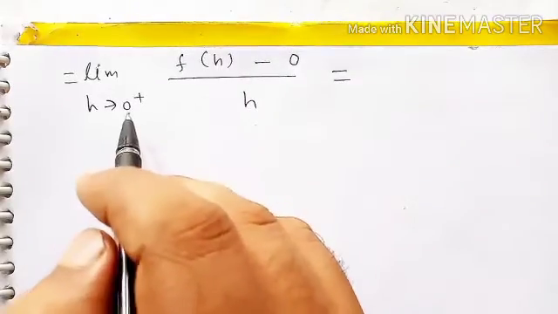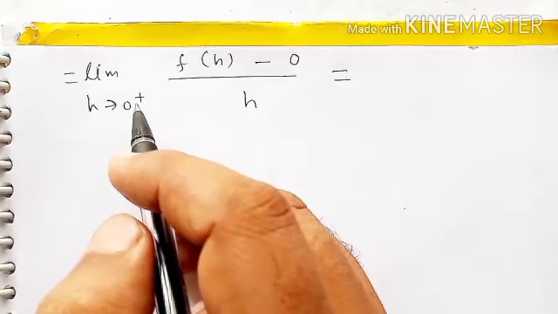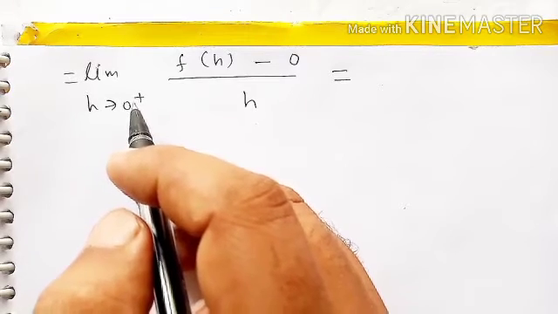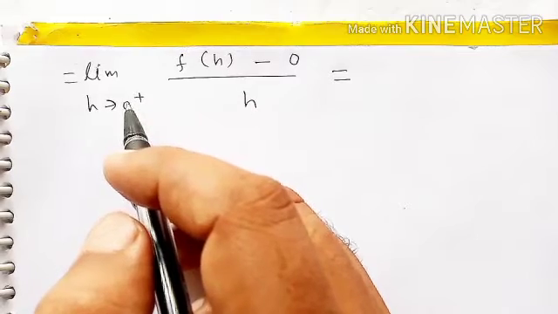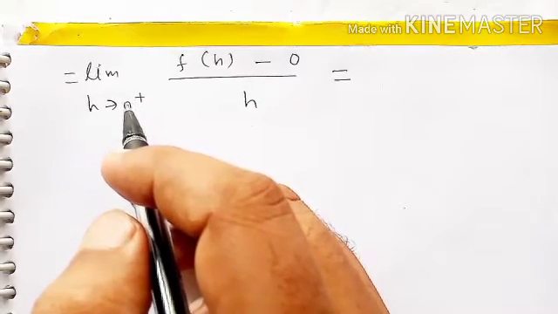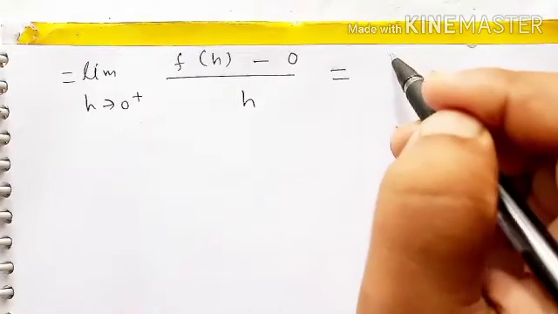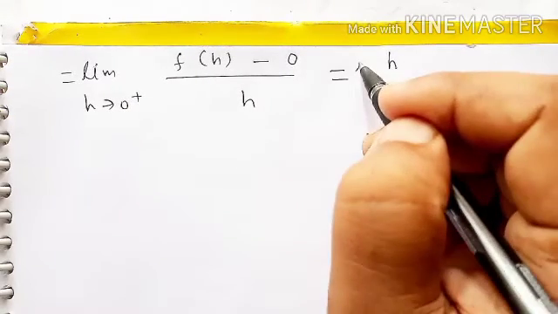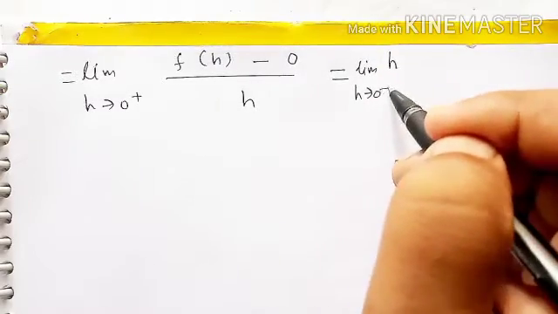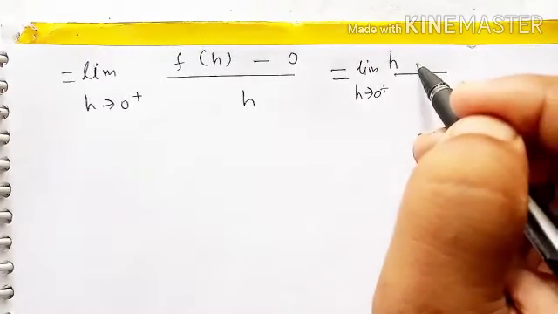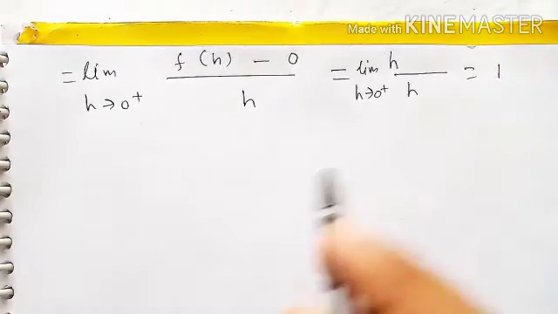Here h is positive because h tends to 0 from the right side, so f(h) is h, because if x is positive, mod x is x, so h by h, this is 1.